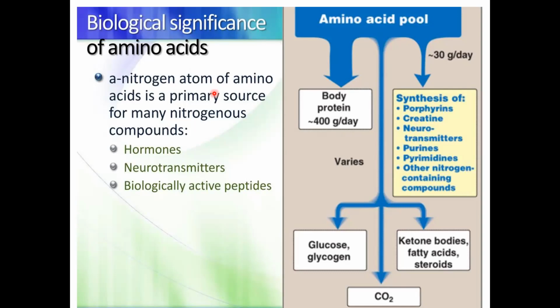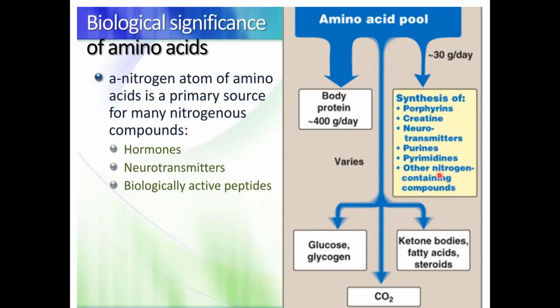We have in our body an amino acid pool that is utilized for the formation of body proteins, nearly 400 grams per day, and 30 grams per day is utilized for the synthesis of the porphyrins, I mean the heme synthesis, creatine, neurotransmitters, purines, and the pyrimidines, which will form the nucleic acids and other nitrogen containing compounds.